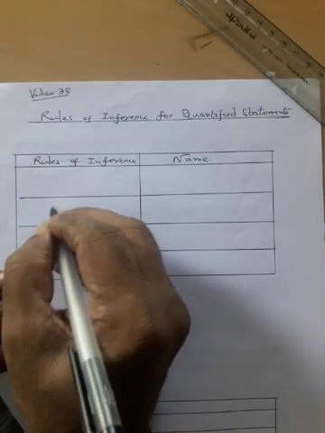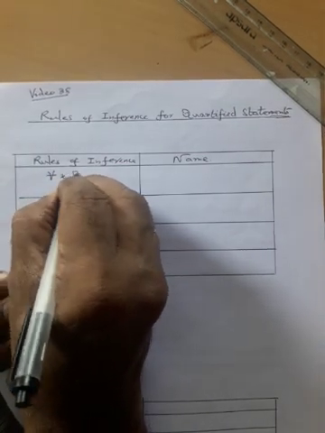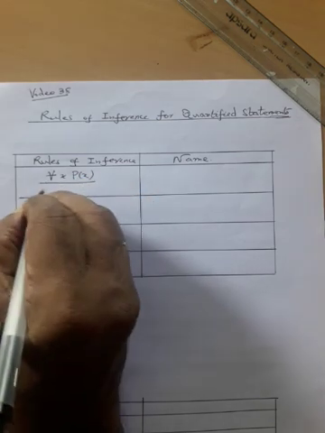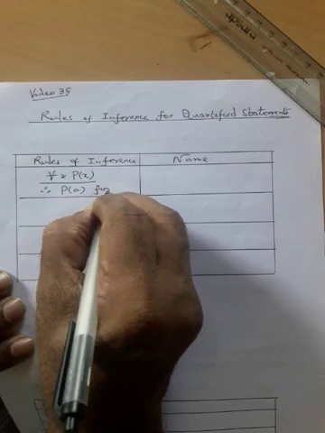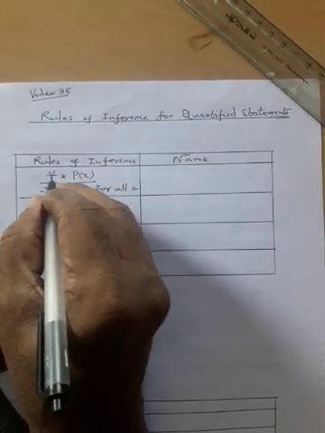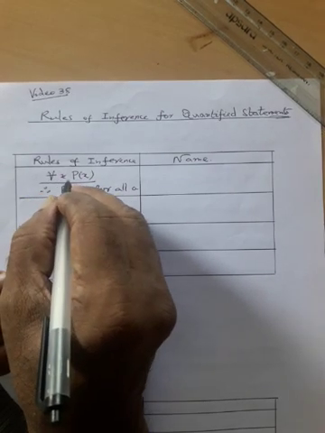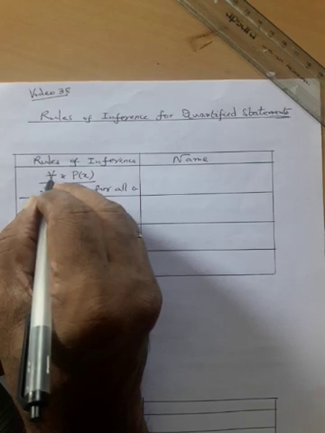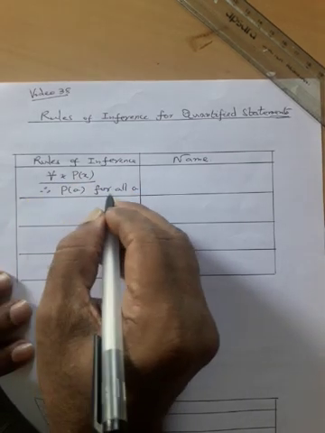So first one, for all x P of x implies P of a for all a. The first line is in general, because of for all x, this is called the universal quantifier, from which we are going to universal specification.